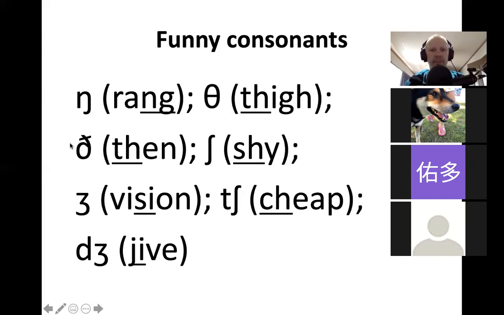And then the same thing with the softer voiced sound: then. Makes your lips itch: shh. We've been through that in shy. Vision, the soft zh sound. And the t and the sh together, cheap. And then you've got d and the zh together, jive.